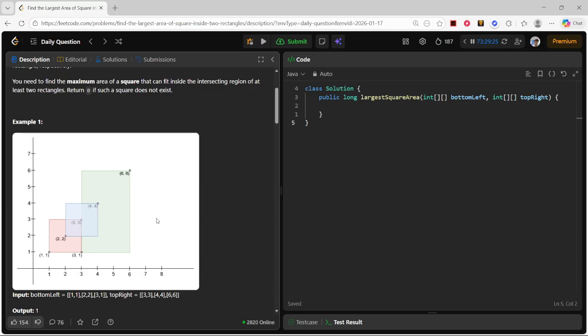And it must be fully contained within the overlapping region of at least two rectangles. So the only candidates for the largest square are the intersections formed by each possible pair of rectangles, right?